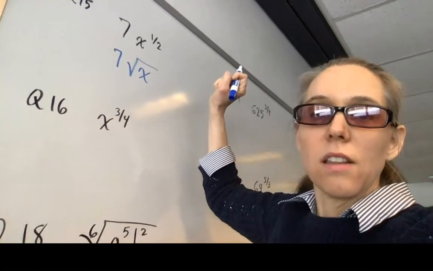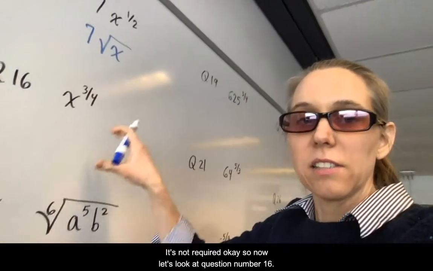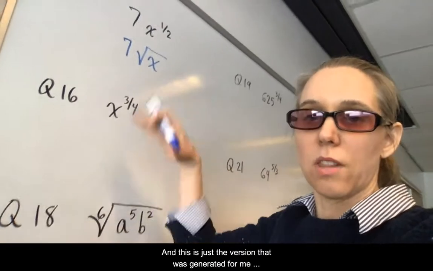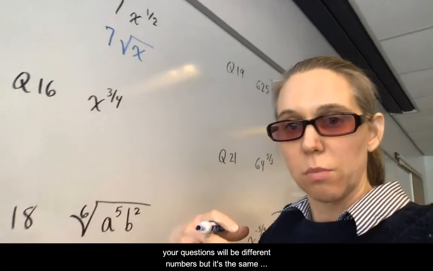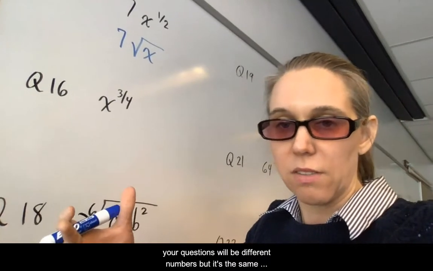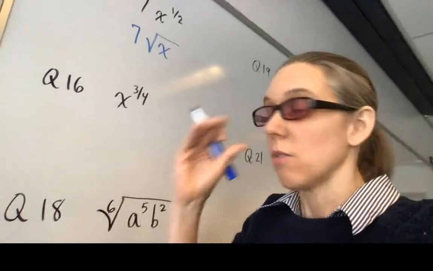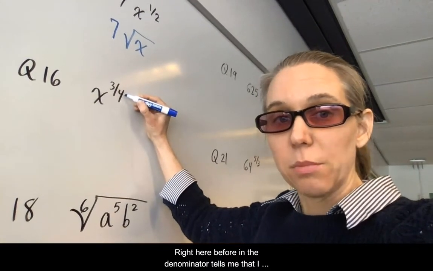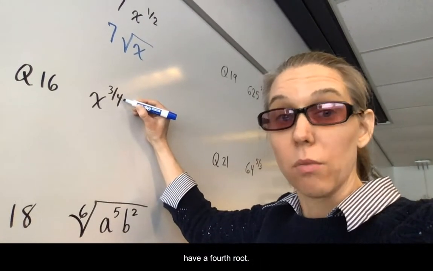Now let's look at question number 16. This is just the version that was generated for me. Your questions will be different numbers, but it's the same type of question. Right here, the 4 in the denominator tells me that I have a 4th root.